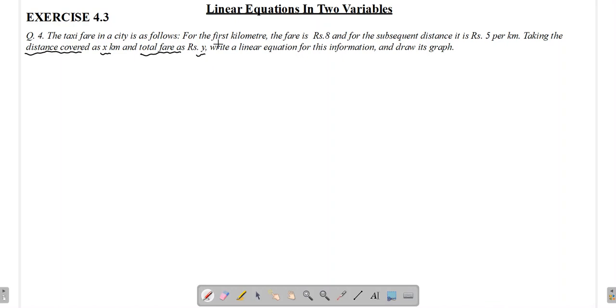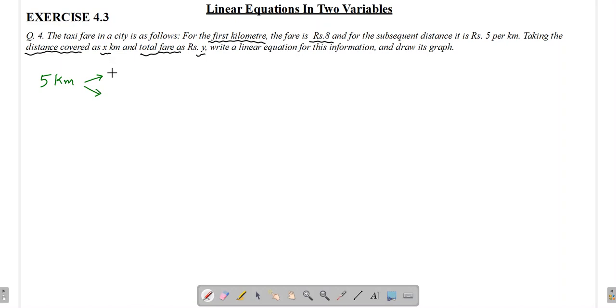So let us read the question once again. The question says for the first kilometer the fare is rupees 8. Let us understand it with the help of a simple example. For example, if you have traveled a distance of 5 kilometers, then your fare is divided into two parts.